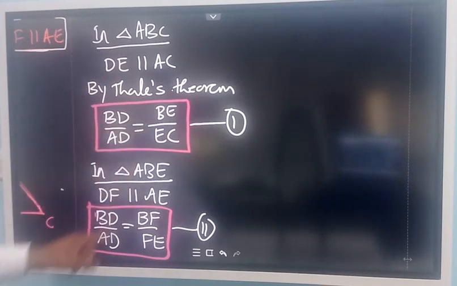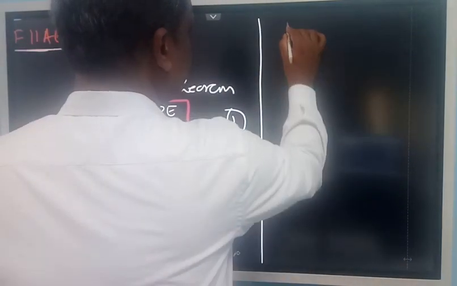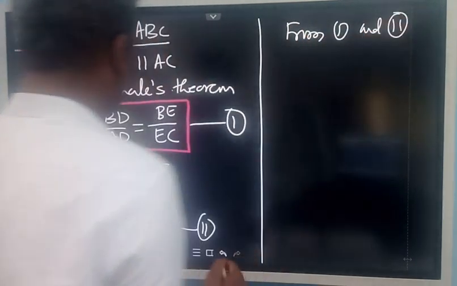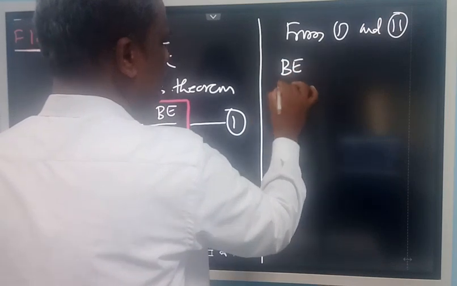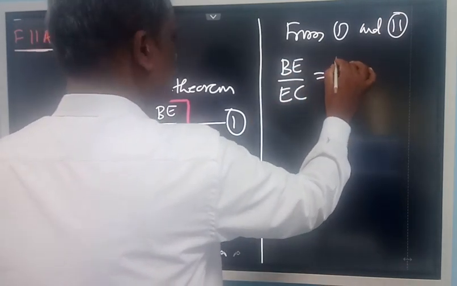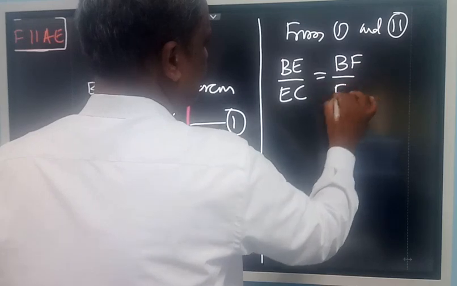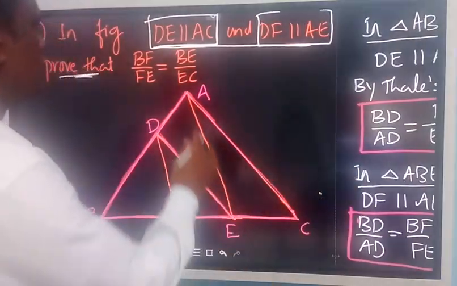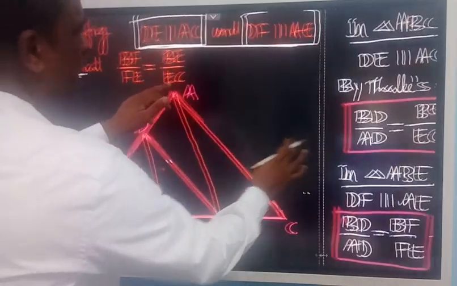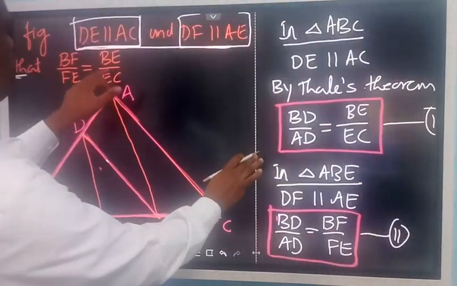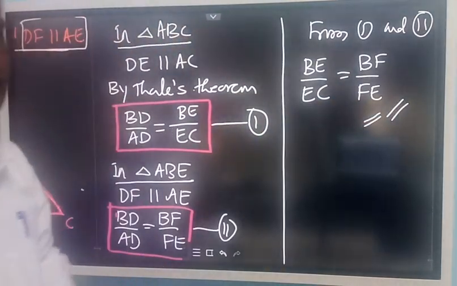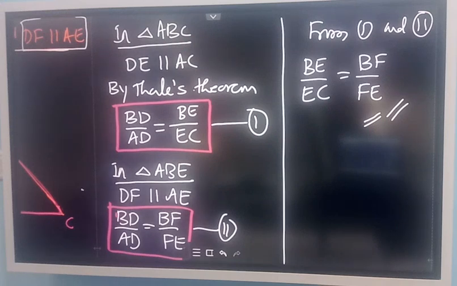So from 1 and 2 you get BE by EC is equal to BF by FE. Hence we proved that BE by EC is equal to BF by FE.